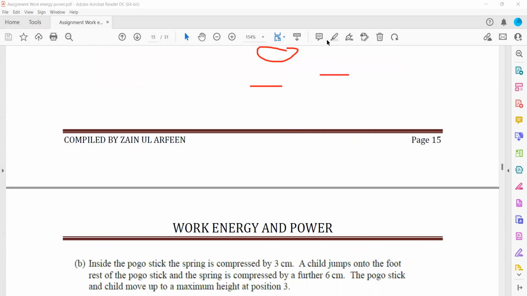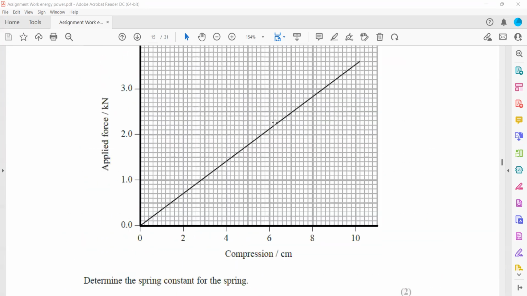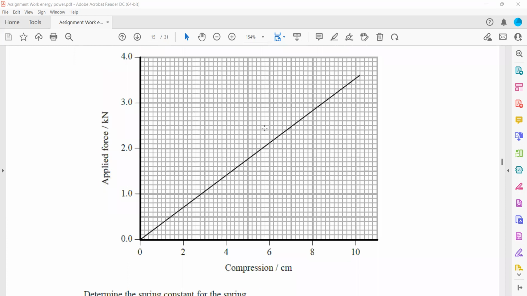Look, if we have a force-extension graph or force-compression graph, the area under the graph gives us the energy stored. The total area under the graph simply gives us how much energy will be stored.